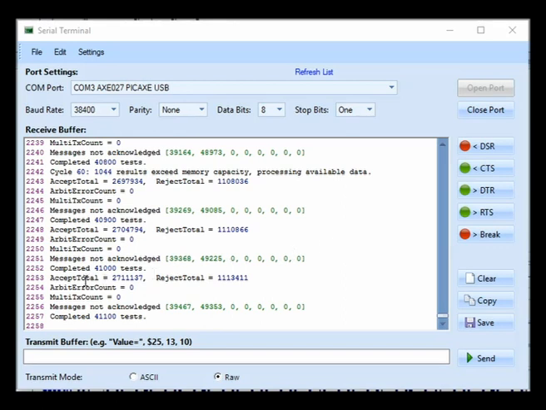If we start at line 2253, we can see that the accept total is somewhat more than 2.7 million. And what that means is that there's been that number of messages transmitted. Now the reject total is something like 1.1 million.